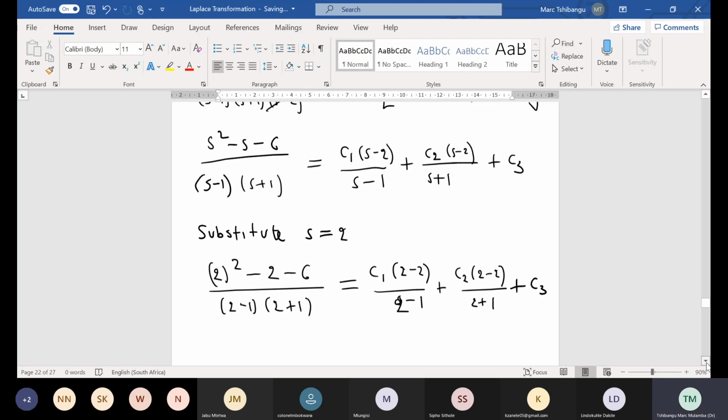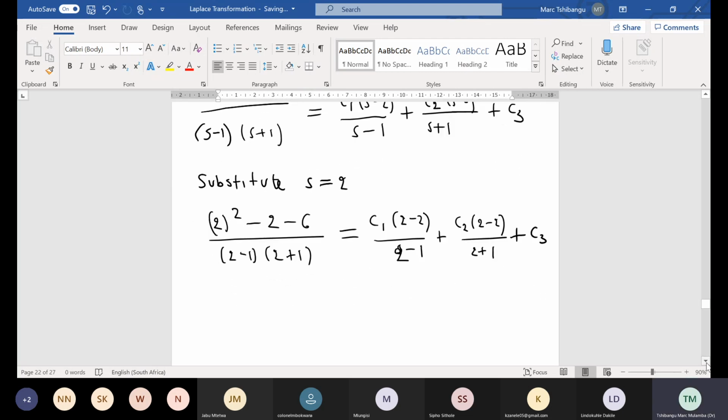You do that, 2 minus 2 is 0, 0 over any number returns 0. And then we're going to have 4 minus 2, that's 2, minus 6, that's minus 4, over 1 times 3, that's 3. This will be equal to C3.